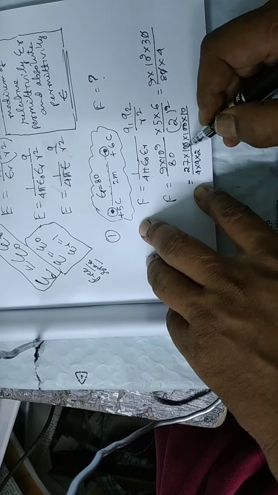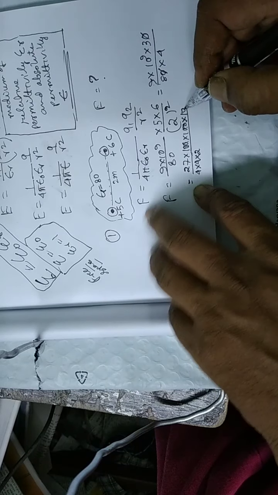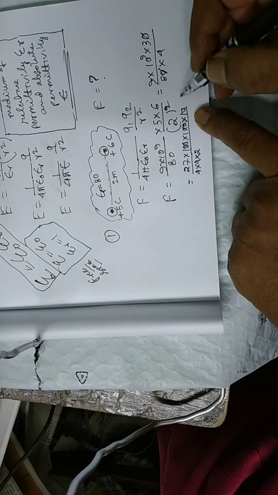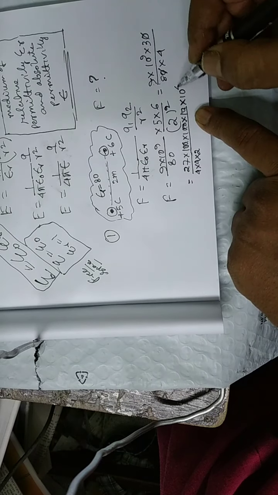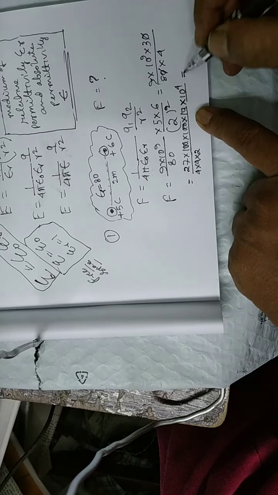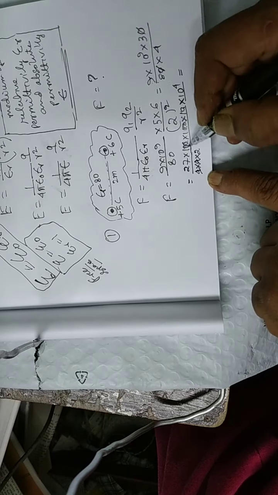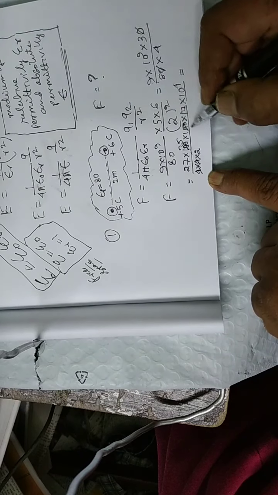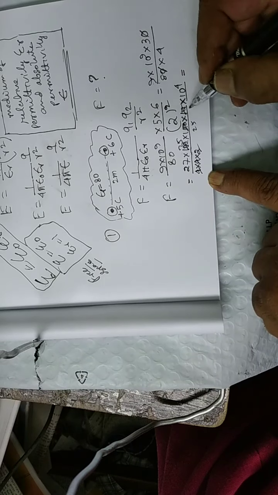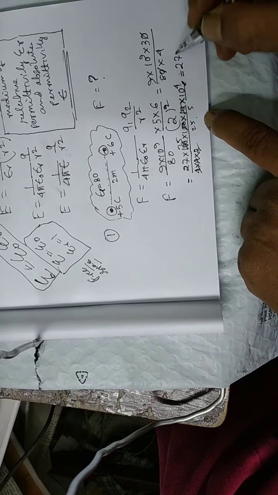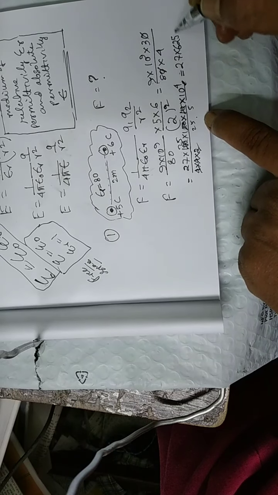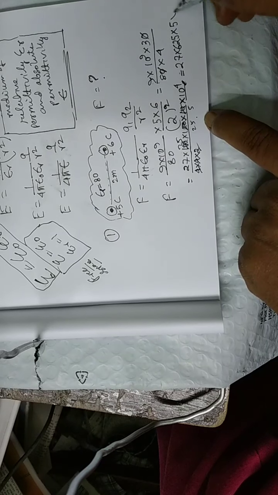How many zeros are gone? 9 into 10 to the power 4, right? That is 4 4, 25, 25 to 5, 25 25 625, 27 into 625 into 5 into 10 to the power 4.